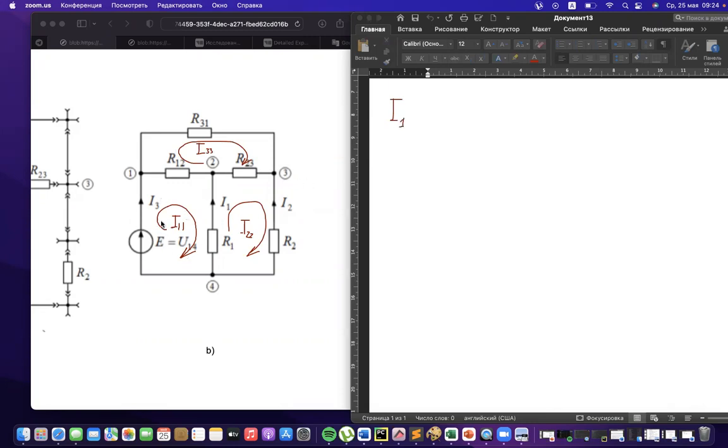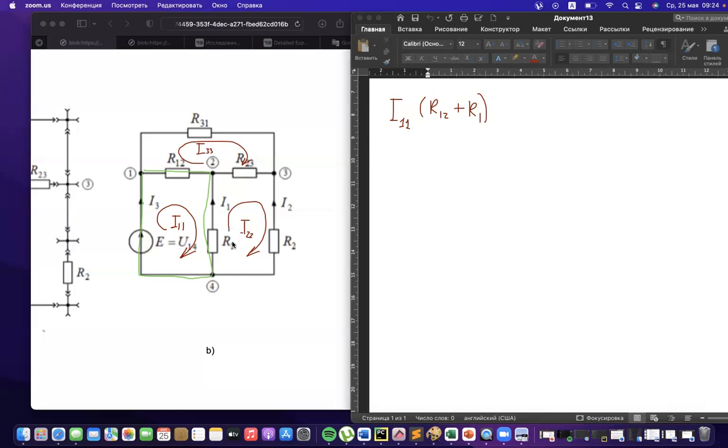For the first mesh, mesh number 1, it will be the mesh current inside it, multiplied by both resistors. Also, there are the currents that flow through the resistors inside this circuit. We are taking mesh number 1 and all currents that flow inside the resistors on mesh number 1.